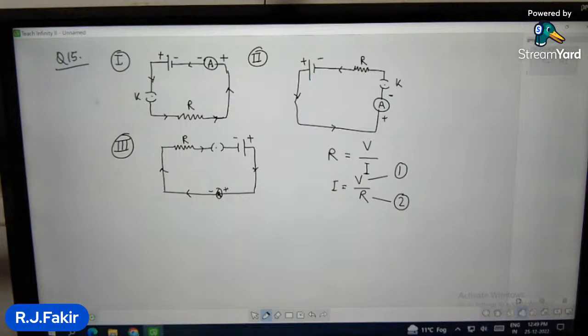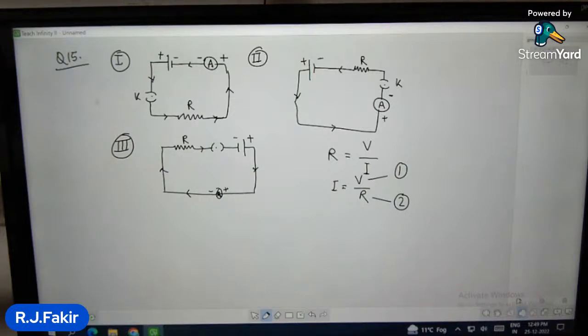We can't see in these three circuit diagrams that either of these two factors is affected or changed. We see that resistance is the same in all three cases, and the battery has the same voltage.